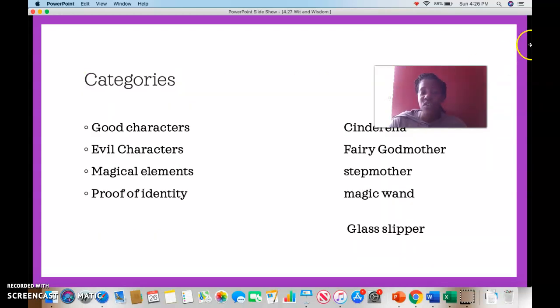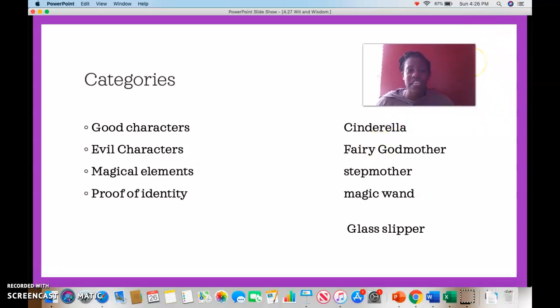So next, we're going to think about our characters and think about our elements for Cinderella stories. I want you to take a moment to actually try and match the character with the elements in the story. Which one of these characters would go under good characters? We have Cinderella, the fairy godmother, stepmother, a magic wand, and the glass slipper.